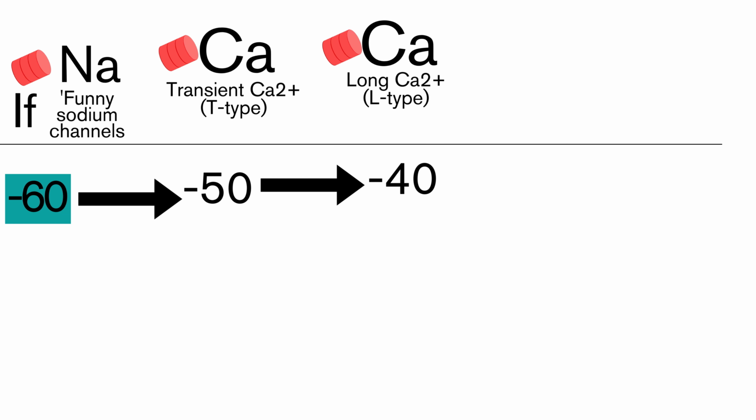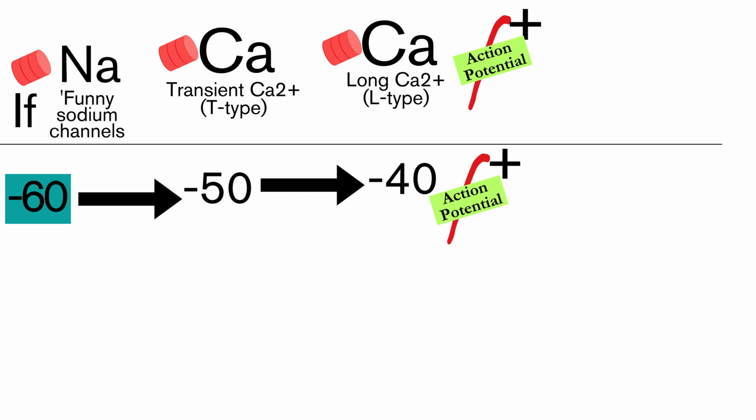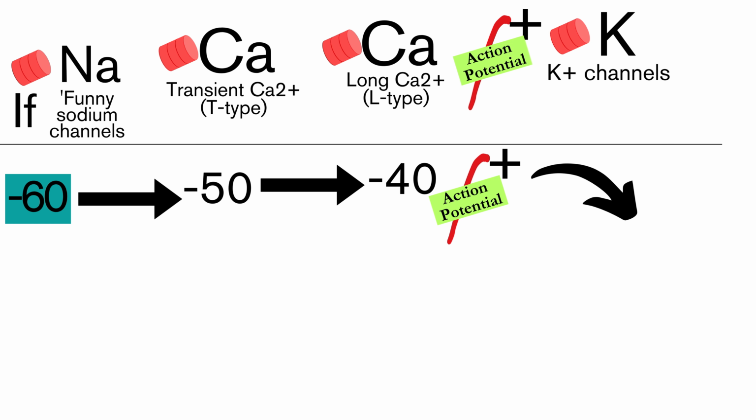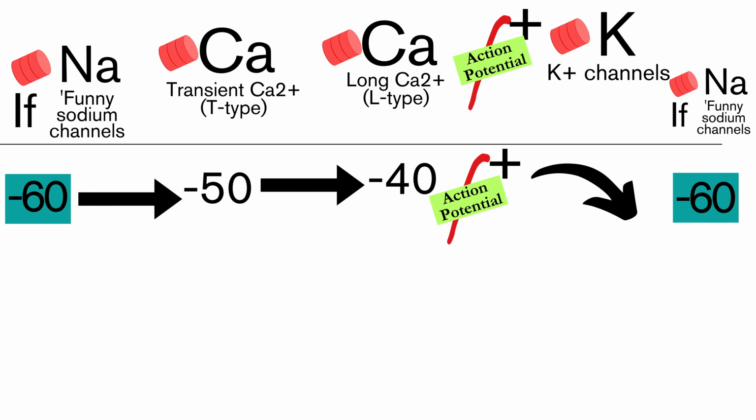And this is the L-type calcium channels. When this depolarizes, it reaches a peak, and the peak ends up being positive. At this stage, calcium channels are going to close, and then you'll have the efflux of potassium. Potassium, again, is doing the efflux in order to repolarize the cell. And it continuously keeps happening over and over again. This is the whole idea of this.